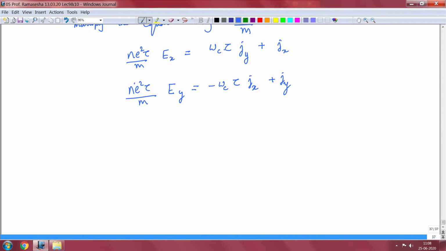Or I can write down sigma naught Ex is equal to omega c tau Jy plus Jx, and sigma naught Ey is equal to minus omega c tau Jx plus Jy.